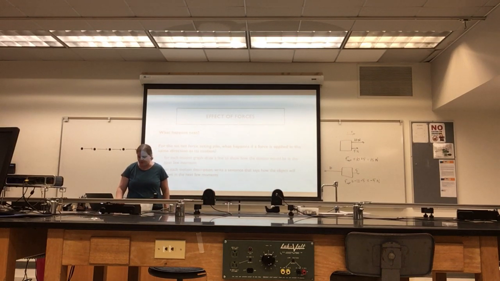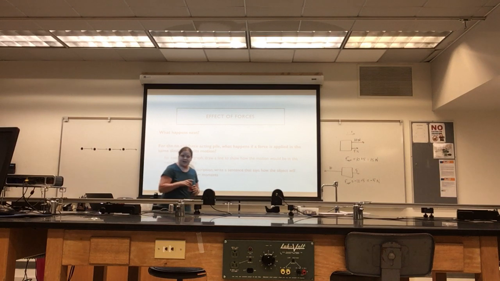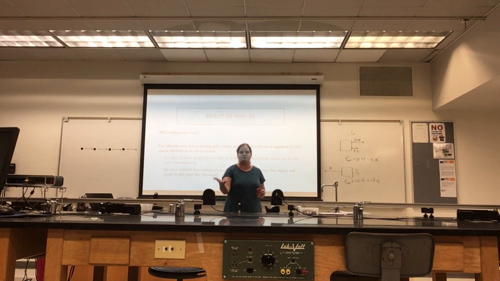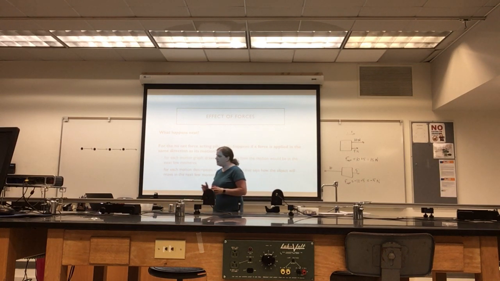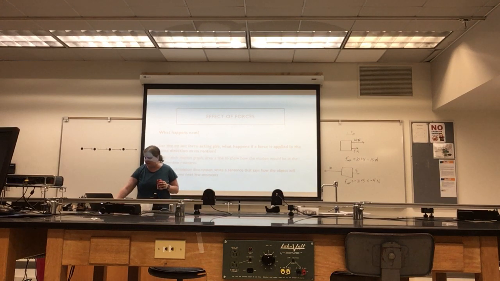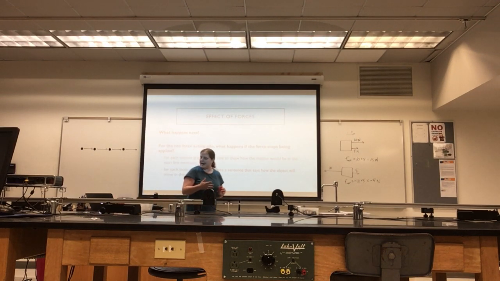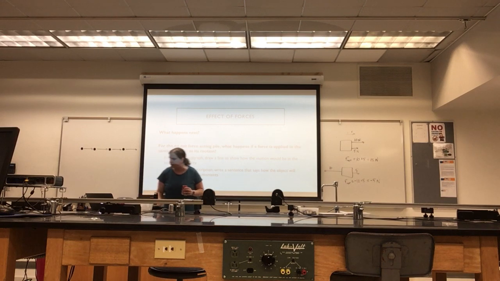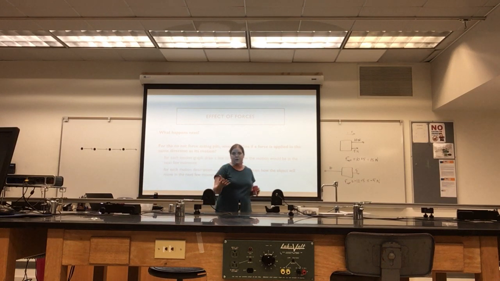The next thing to do is to look at your no net force pile. Okay? So let's just do line B, and let's do number 3, the skydiver. For those, what happens? There was no net force. What happens if a force is suddenly applied in the same direction as motion?